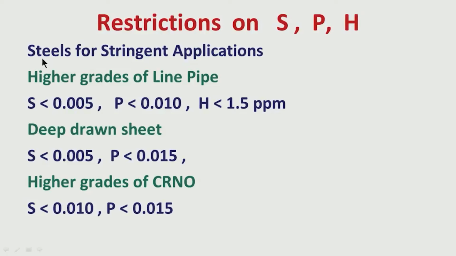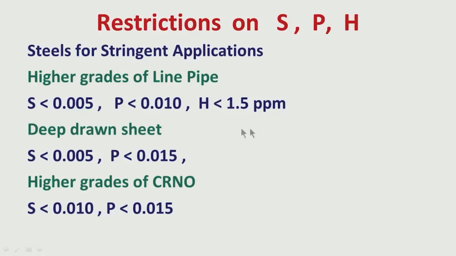And I am only talking of steels for stringent applications, not steels for simple applications, where residuals and slightly larger inclusions can be tolerated to a higher extent. Let us get into certain applications, like line pipe steel.